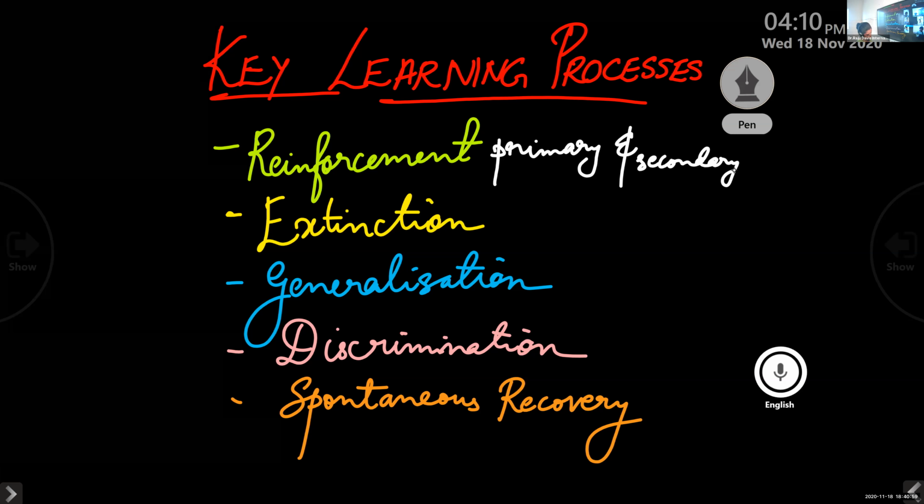This phenomenon of responding similarly, I think the 12th line, it's given in italics: this phenomenon of responding similarly to similar stimuli is known as generalization. Now, one more thing you have in italics towards the last of that paragraph: when a learned response occurs or is elicited by a new stimulus, it is called generalization.